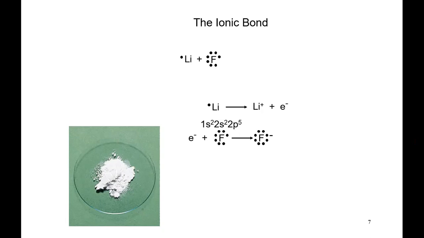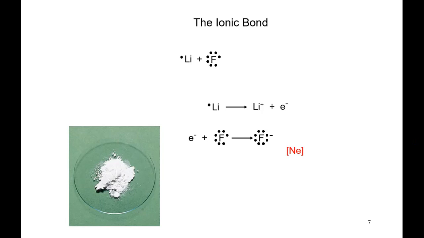Of course, it goes into that 2p subshell. So it's 1s2, 2s2, 2p6. And as we saw last time, this makes it isoelectronic with the noble gas. That's right, neon, 10 electrons.